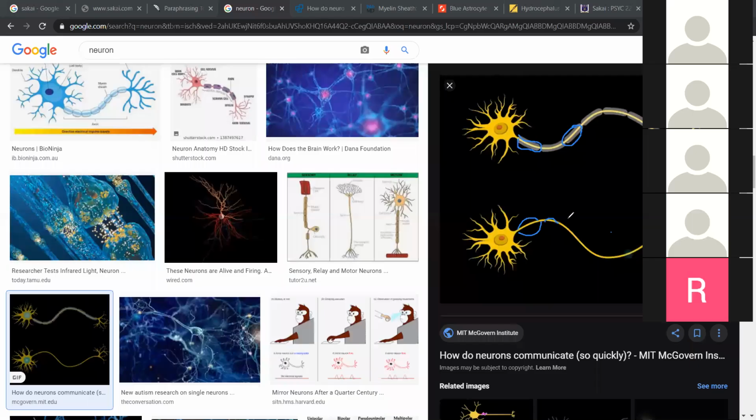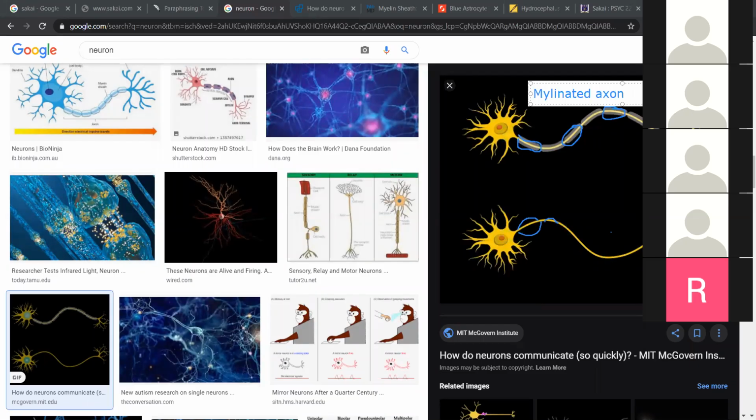So when nothing surrounds the axon, we normally call that sort of neuron unmyelinated. If something surrounds the axon, like the blue ovals that I just indicated, then we call that sort of neuron a myelinated axon.